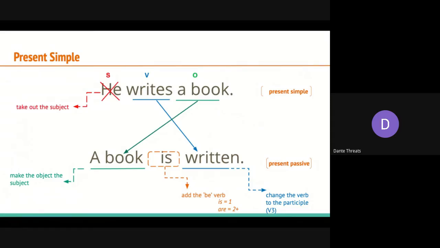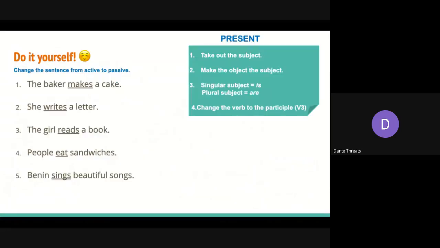All right, let's practice. Okay, so there are 5 sentences that I want you to pay attention to. You're going to change these sentences from an active voice to a passive voice. Okay, a present active voice to a present passive voice.